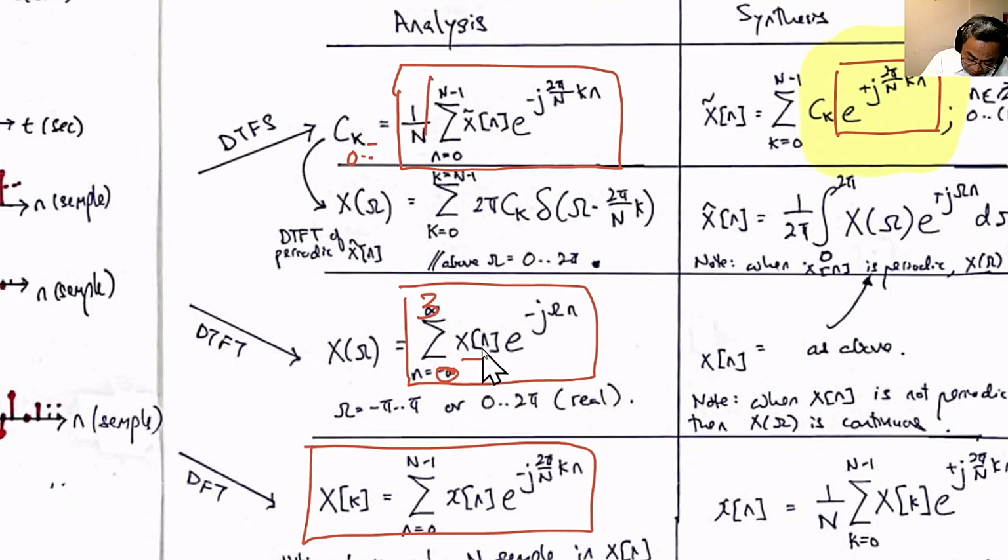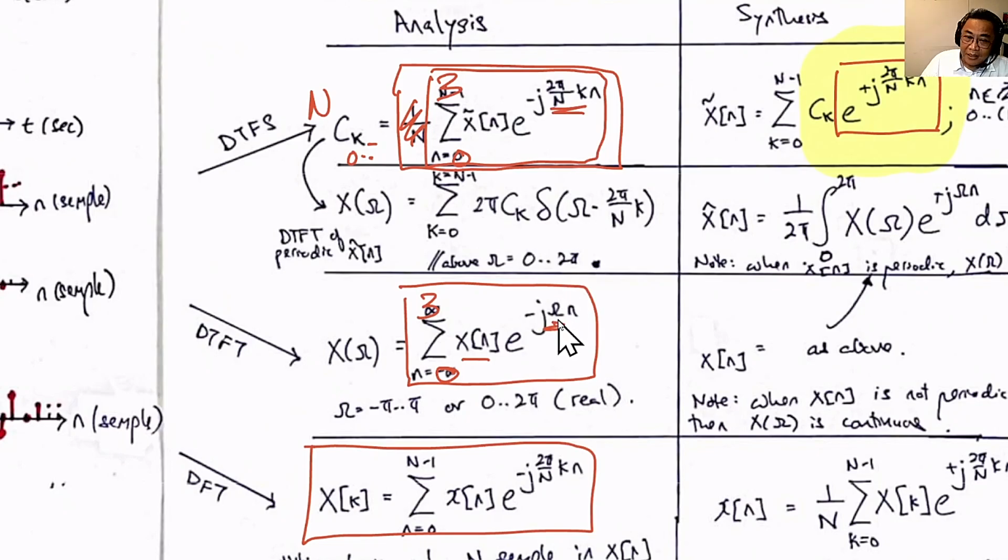But notice this as well. Isn't this exactly the same as this equation? 0 to 3, that is non-zero. The only difference is 1 over N here. So once we multiply N by Ck, then this 1 over N is gone. Therefore, this equation and this equation will result in the same value once omega is the same.